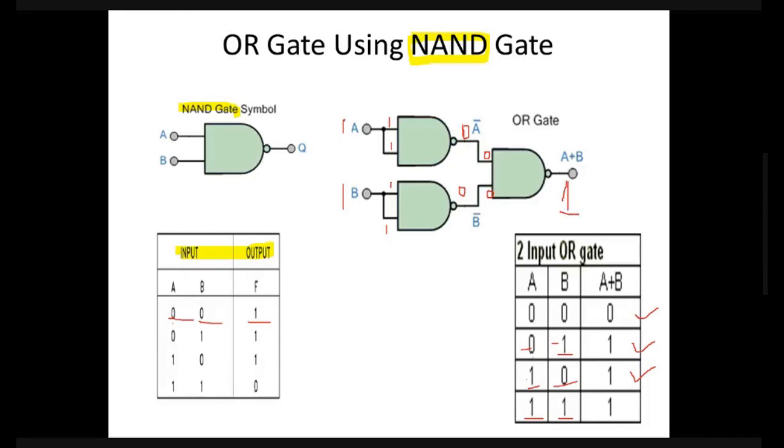So we can say whenever the input is 1, 1, the output is 1 for this circuit. So we satisfy the last condition also. So this is nothing but A plus B. With A equal to 0, B equal to 0, A plus B equals 0.